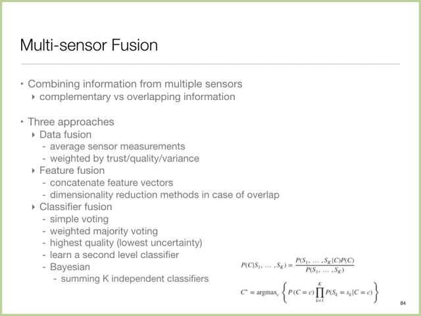Another aspect which one has to deal with is that oftentimes you have multiple sensors or multiple channels and you need to combine them somehow. So there are very broadly three different approaches one can follow. One approach, which is relatively rarely used: let's say I have a set of identical sensors, then I can literally fuse their readings.